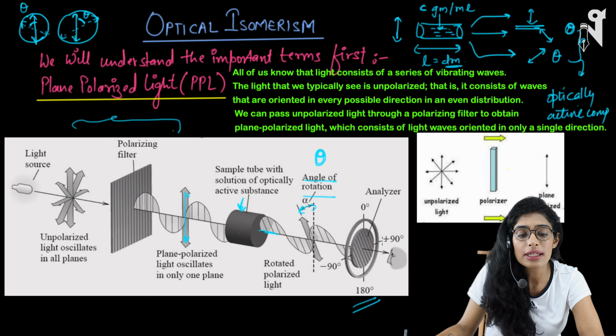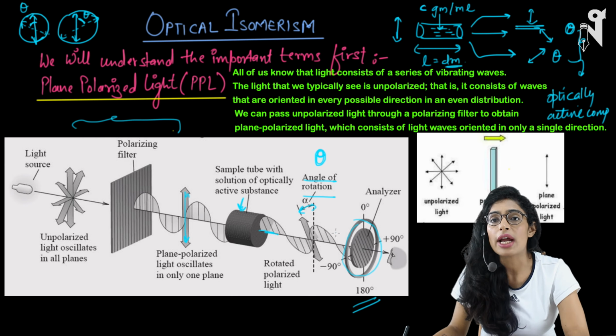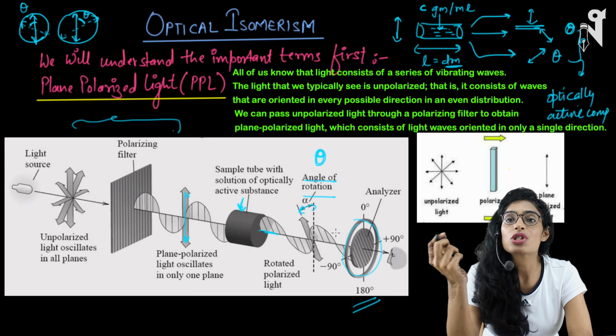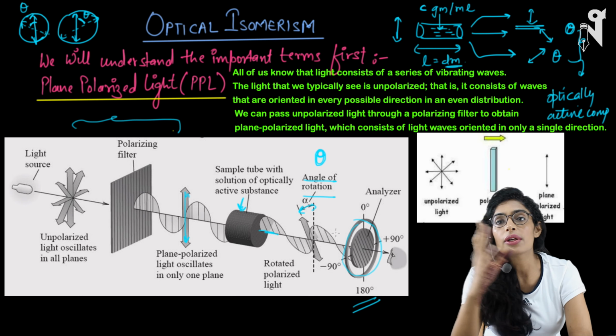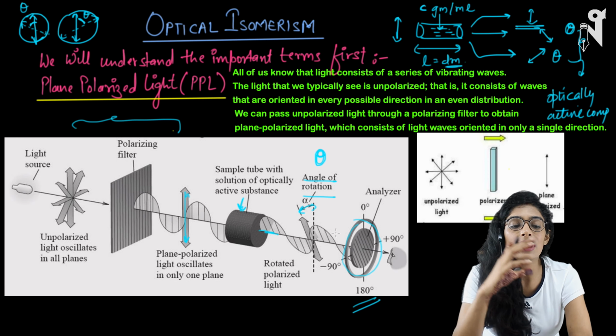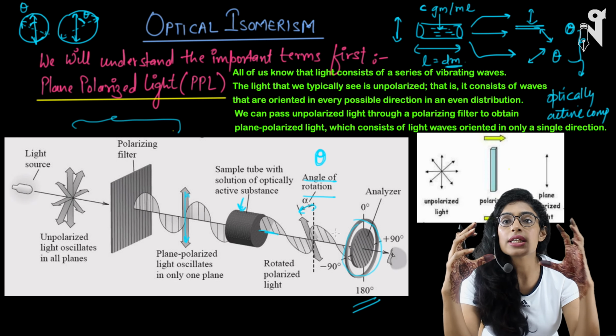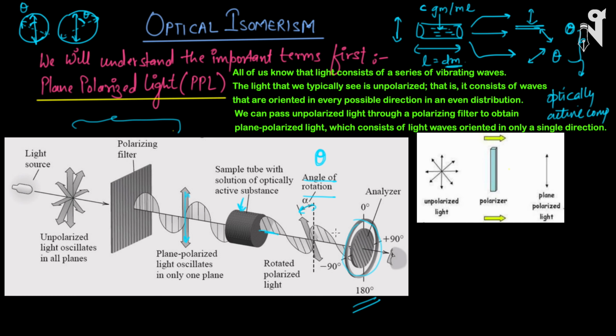Then there is an analyzer over here, which calculates how much angle rotation has happened on the left side or the right side. So this is how the optically active compound changes the rotation of the plane polarized light. And as I mentioned, how does the plane polarized light look? This is my unpolarized light when it is passed through the polarizer.